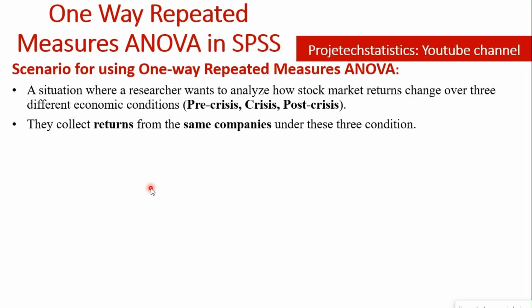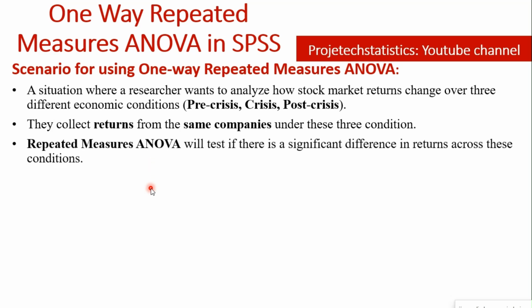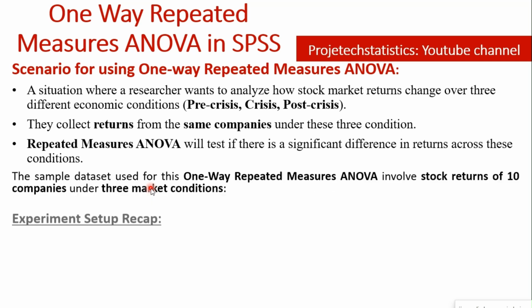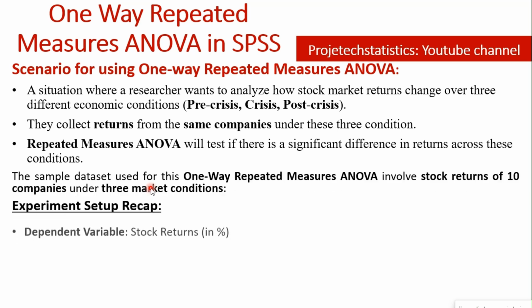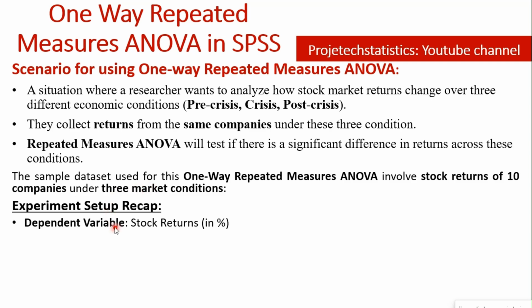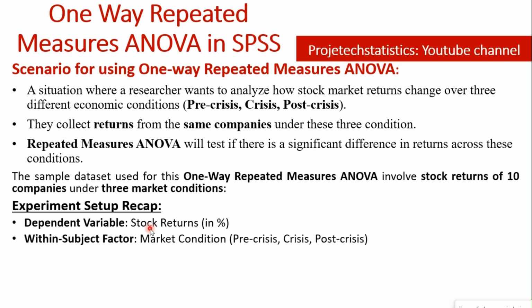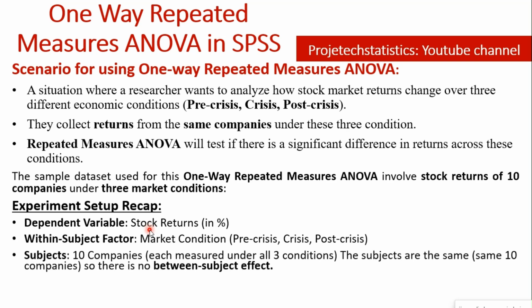So the researcher is going to collect returns from the same companies under three different conditions, and repeated measures ANOVA will test if there is a significant difference in return across these conditions. The dependent variable is our stock return measured in percentage. Then we have the within subject factor, which is the market condition.